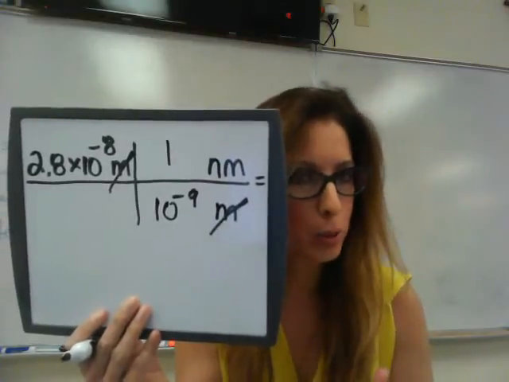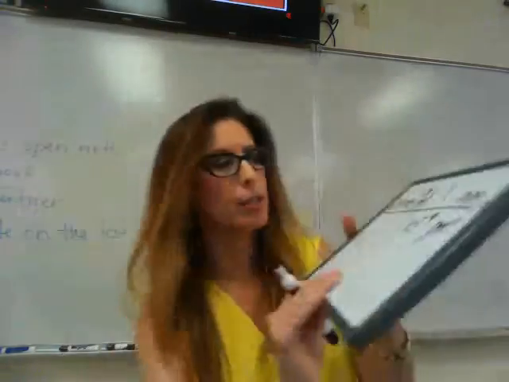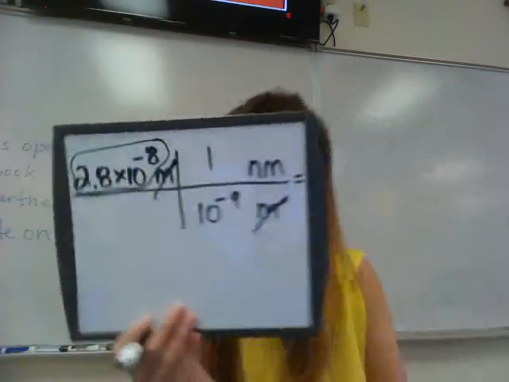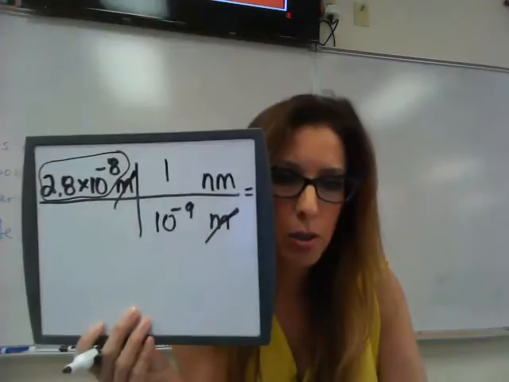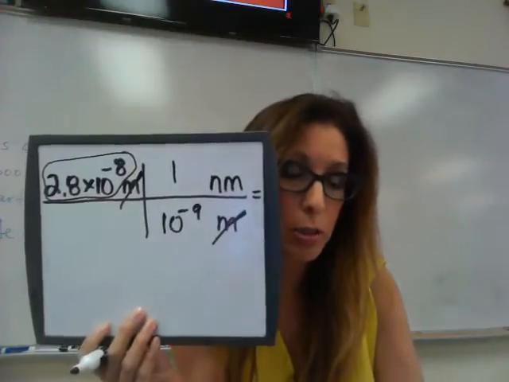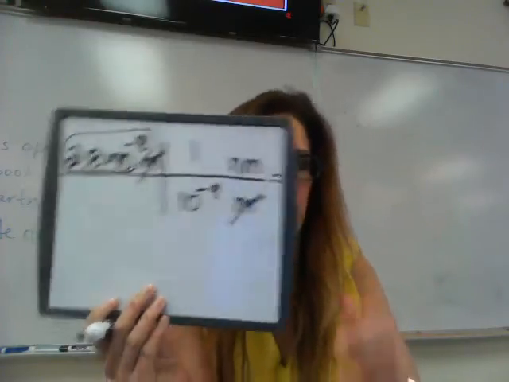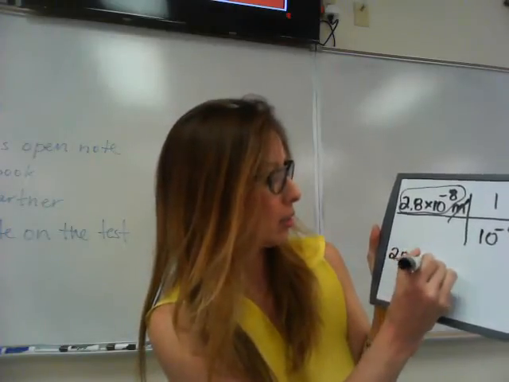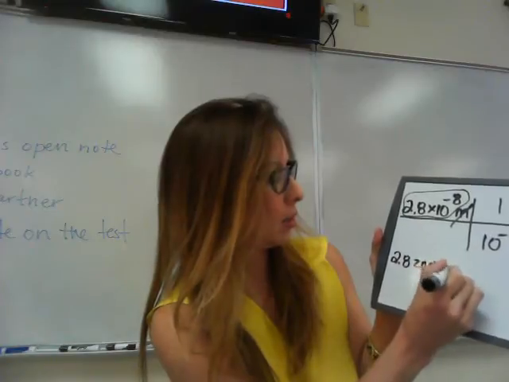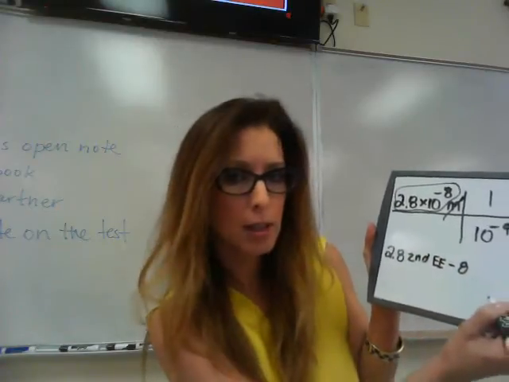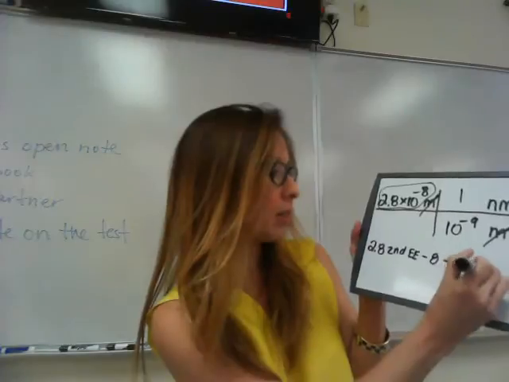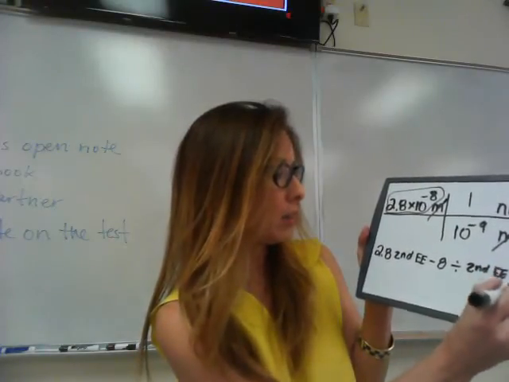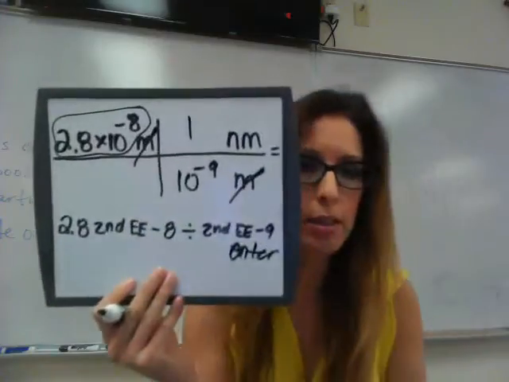This probably looks really intimidating, but it's not. I need you to remember that this is just an entire number. So we're not going to need to put the multiplication symbol into the calculator. The way that you're going to do this is 2.8 second E negative 8, and then divided by second E negative 9, enter, like this.